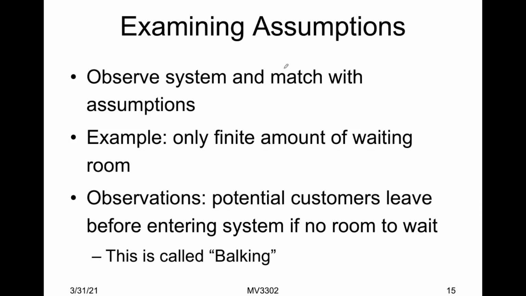Okay, so here's what we're going to look at. I'm going to look at this assumption. The assumption is the infinite amount of waiting room. So I look at my system and I notice that there's only a finite amount of waiting room here.